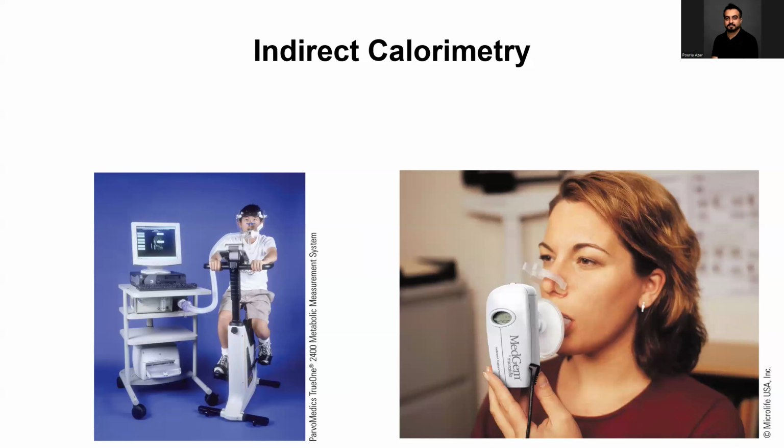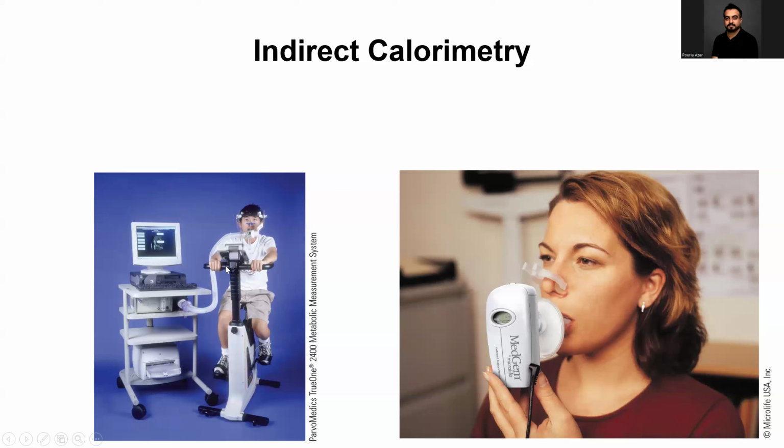And here are the examples of indirect calorimetry, which is based on the amount of oxygen consumption or carbon dioxide production. We have MedGem here on the right side, measuring the gas exchange. And on the left side, we also have a device, and there is a hose coming to the nose or mouth of this person.